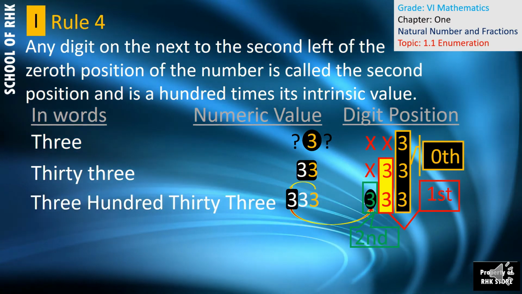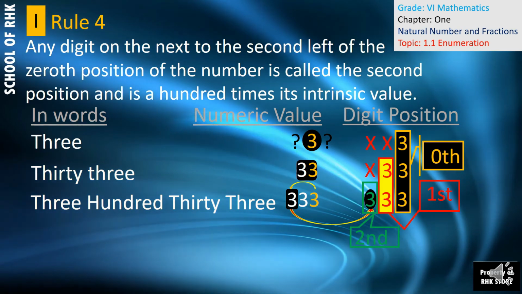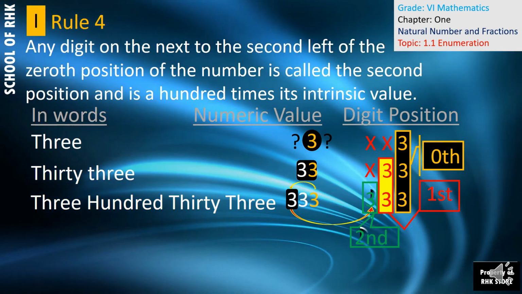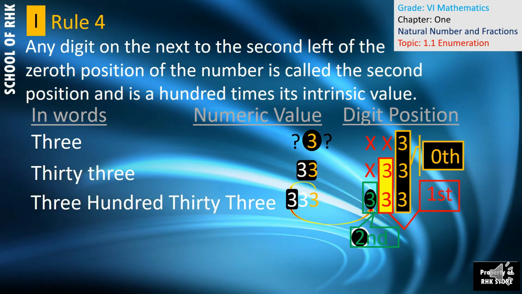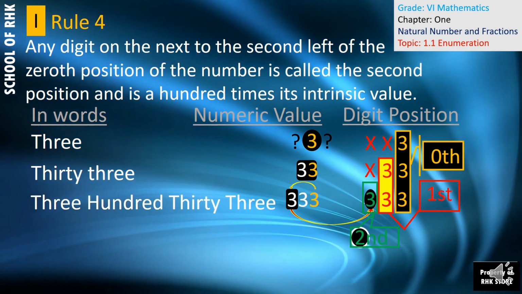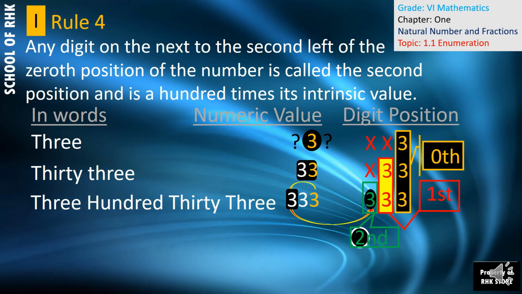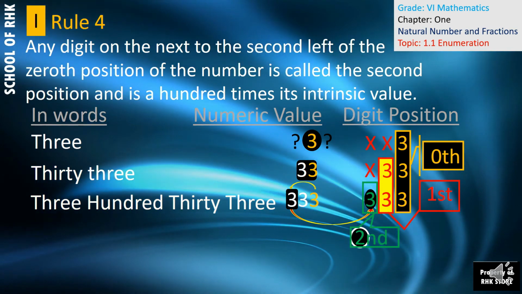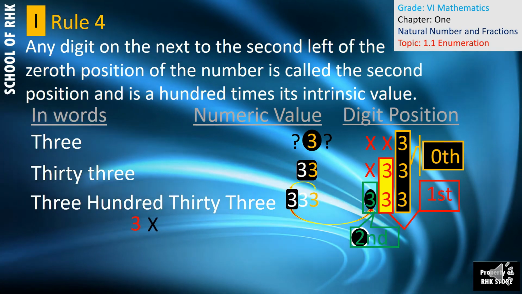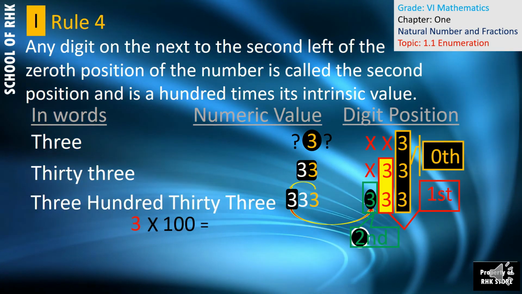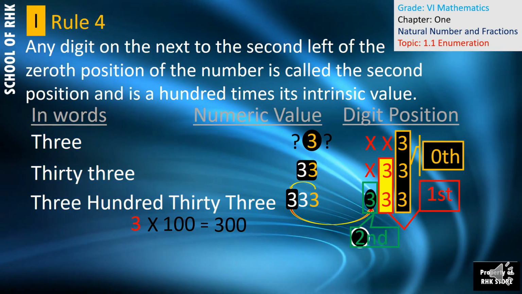The position counting of this digit will be 2. The place value of the digit in the second position will be equal to 100 times its intrinsic value, or 3 into 100 equal to 300.